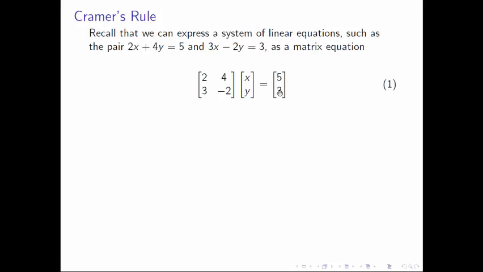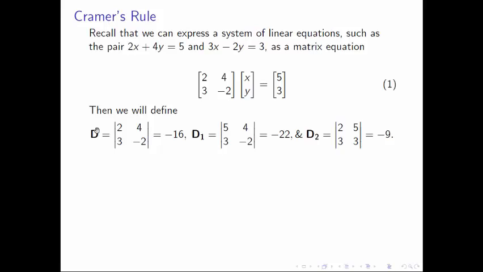What I'll be doing with this method is I'll define the determinant of the coefficient matrix, often, so this 2, 4, 3, -2. You'll notice for matrices we usually use a square bracket on the sides, and here I've used those vertical lines. They kind of look like an absolute value for the matrix. We call that the determinant.